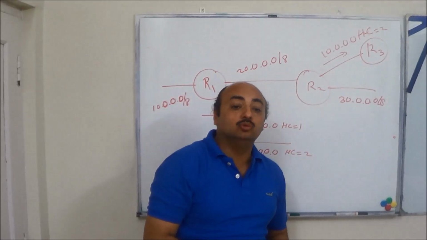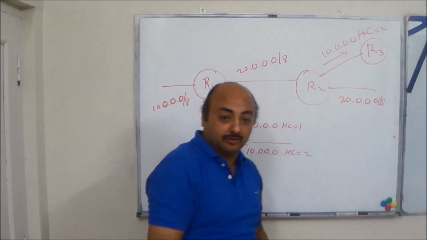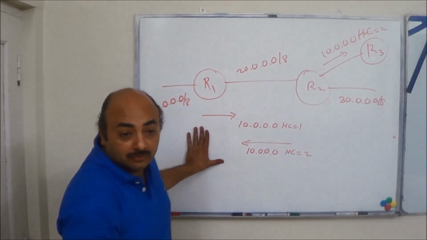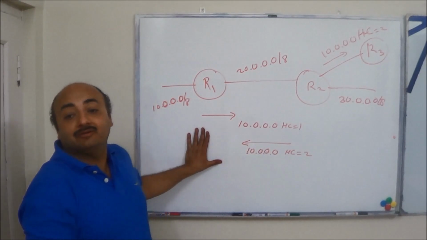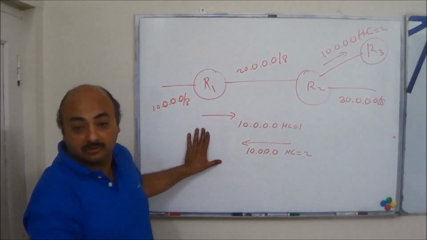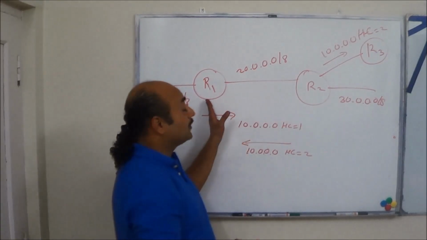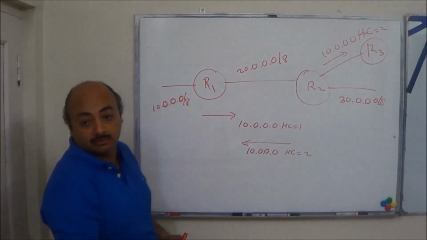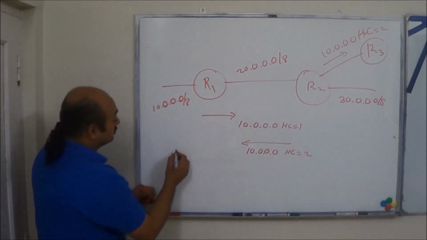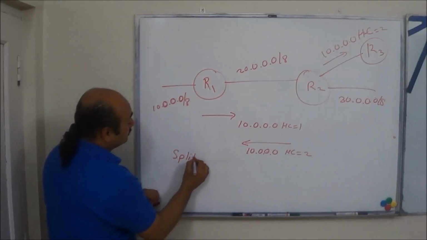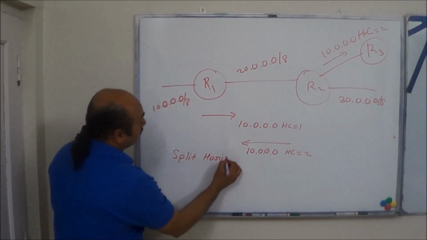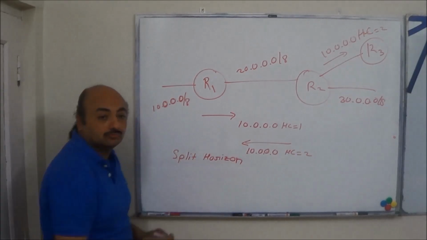But as a rule of RIP, the thing that you learn from a neighbor, you don't advertise it back to the same neighbor. You understand? What R2 learned from R1, it is not going to advertise back to R1. This is known as split horizon. Clear?